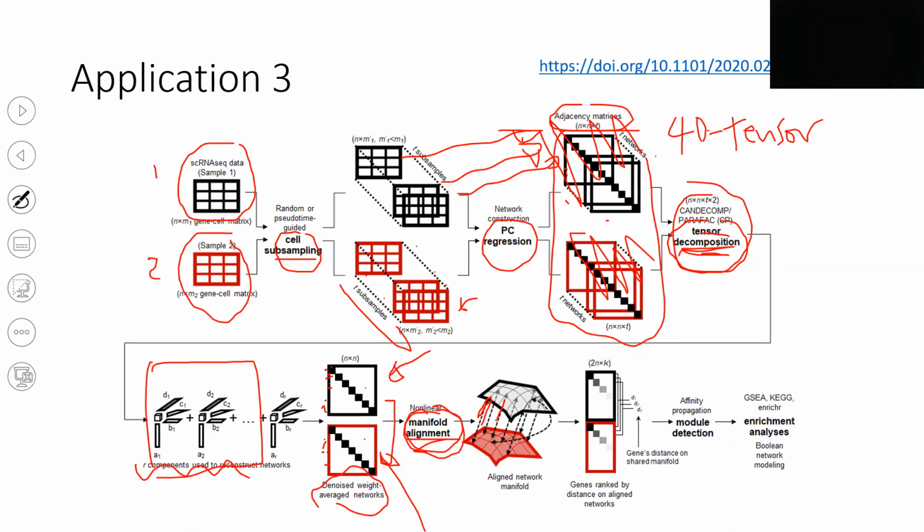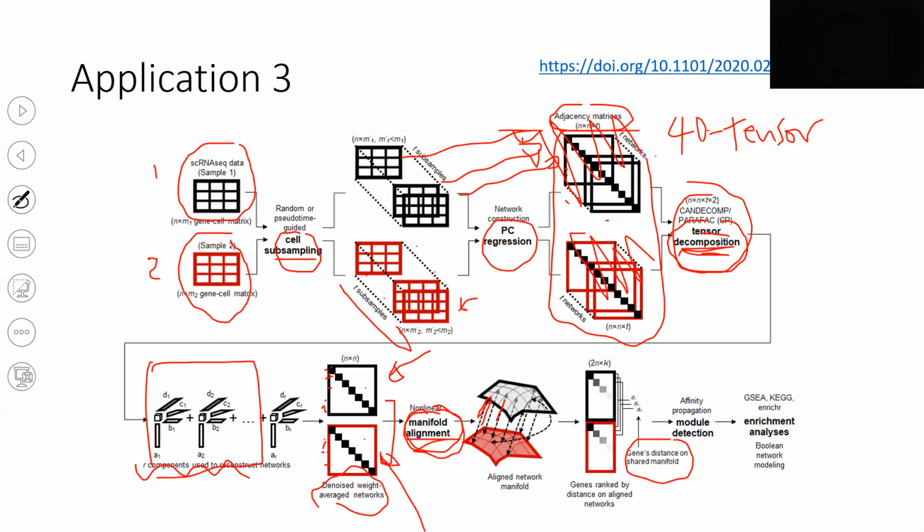So by looking at the distance for the same gene in the projection onto the shared common manifold space, the farther away from each other, the more the gene has been dysregulated or differentially regulated across these two samples. Now we can rank those genes and look at their function, and this function will reflect the biological difference between these two samples, maybe.